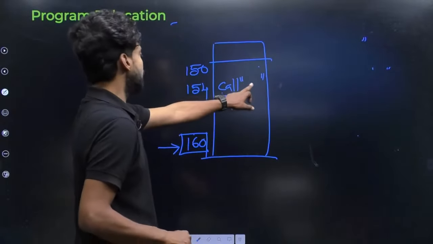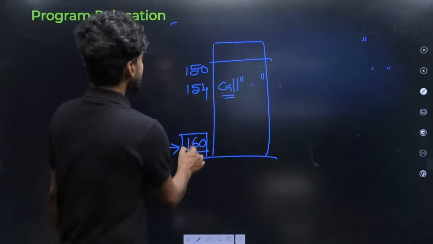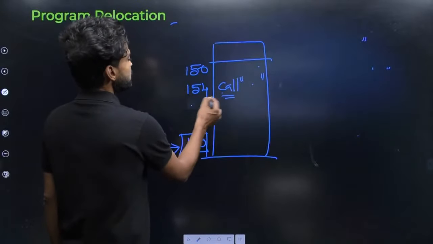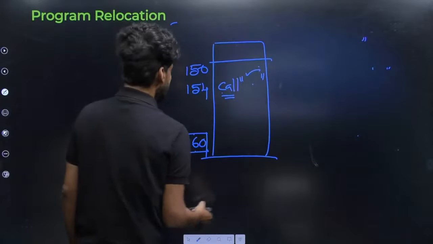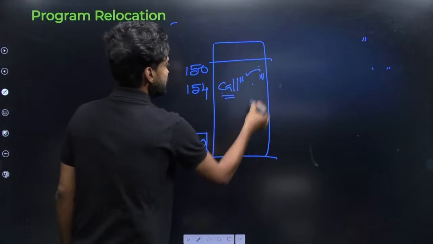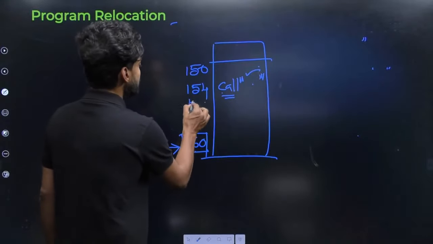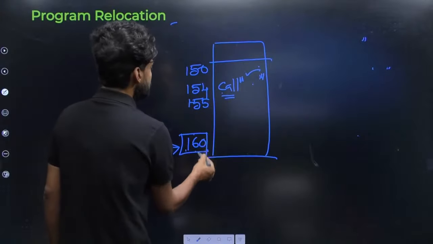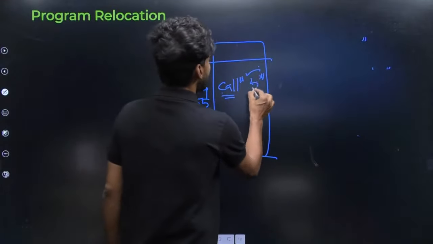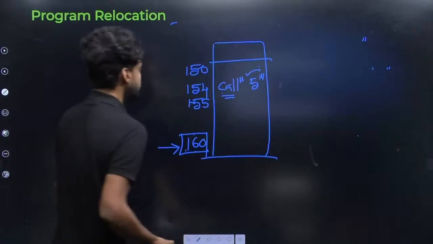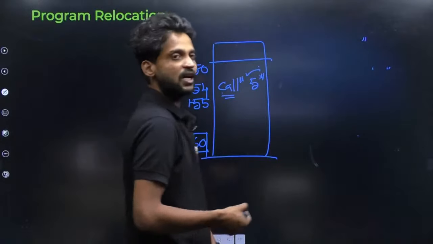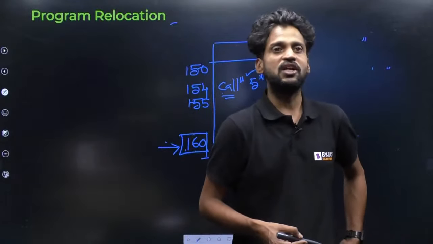So what must be the value? Target address minus program counter value. That is, the value present here is the target address 160 minus the program counter value 155. 160 minus 155 is equal to 5. So when 5 gets added to 155, we will reach the target address, that is 160.